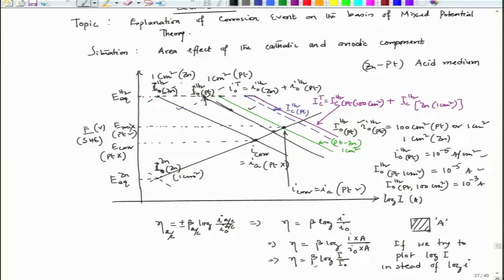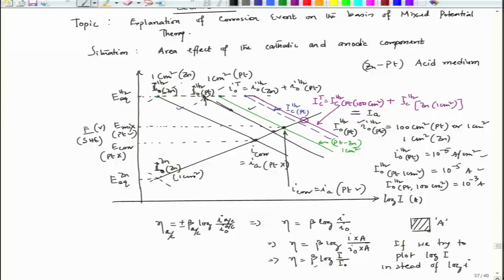I could see that the charge balance is maintained at this particular point. So, what will be this situation at this point? I could see that I equals I A of zinc.